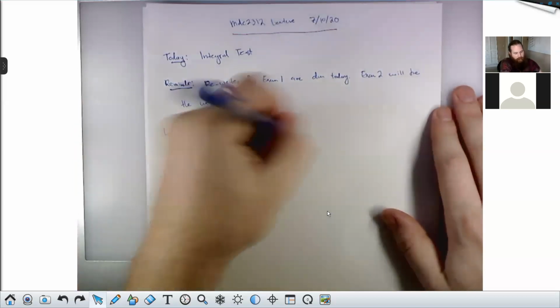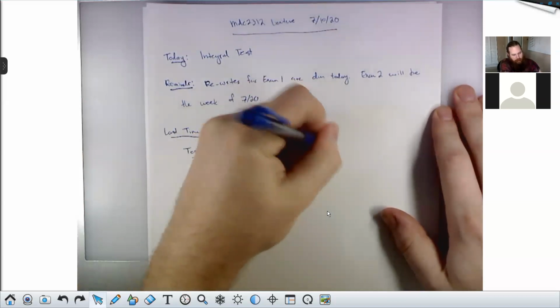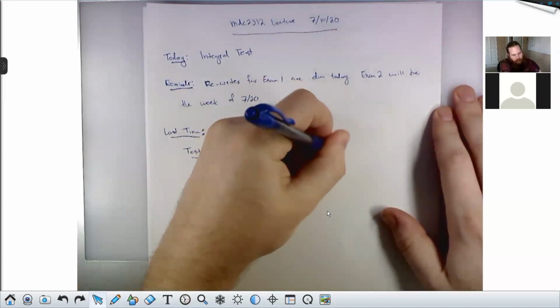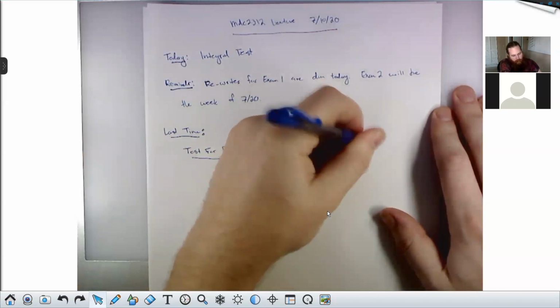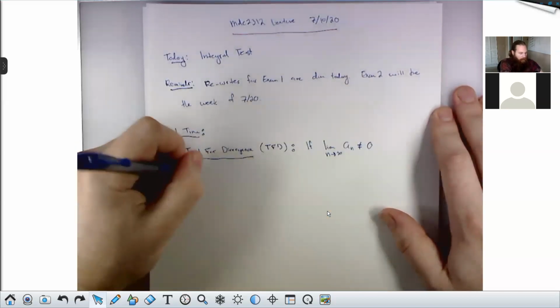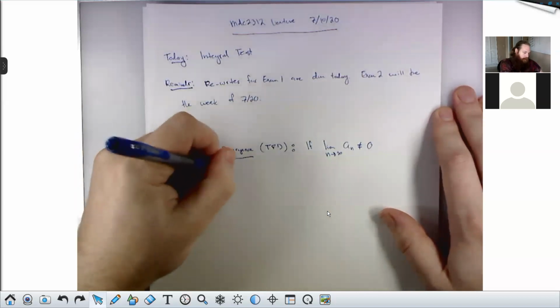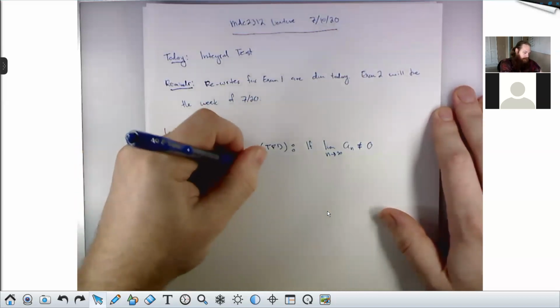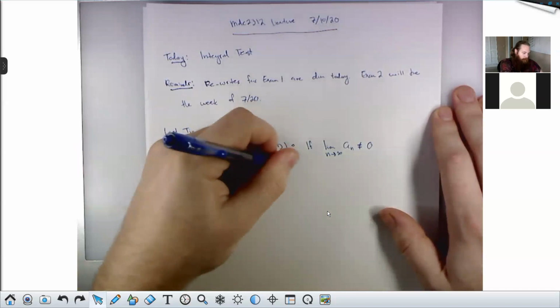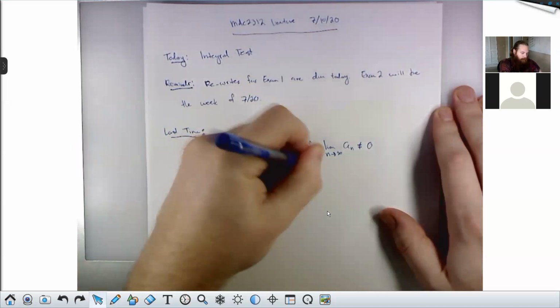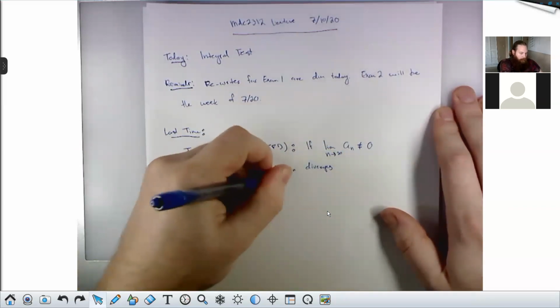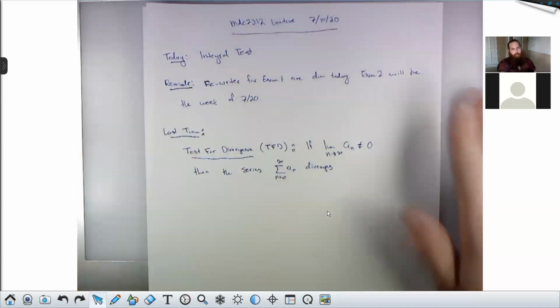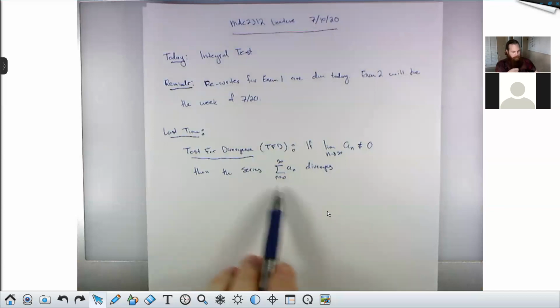It says, if the limit as n goes to infinity of a_n is not 0, then the series sigma a_n diverges. And that series might start at 0, it might start at 1. The theorem is true independent of this lower bound here.